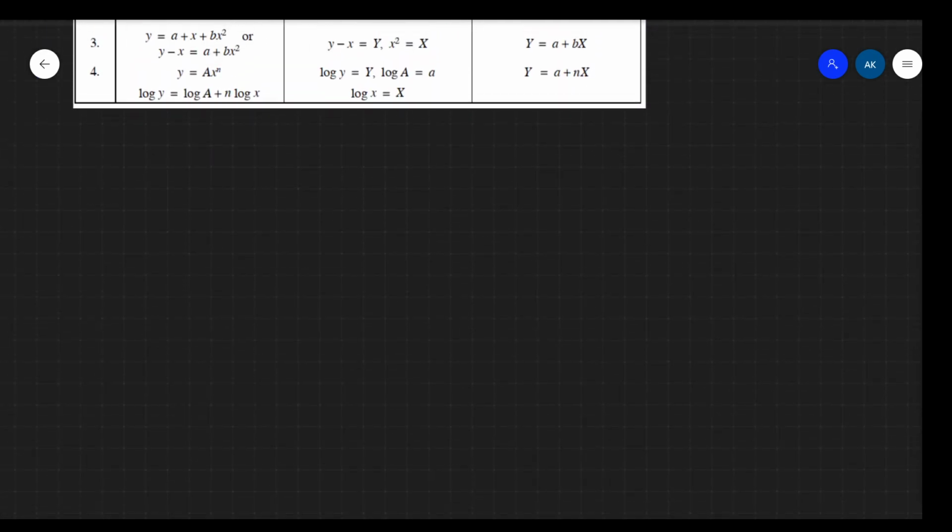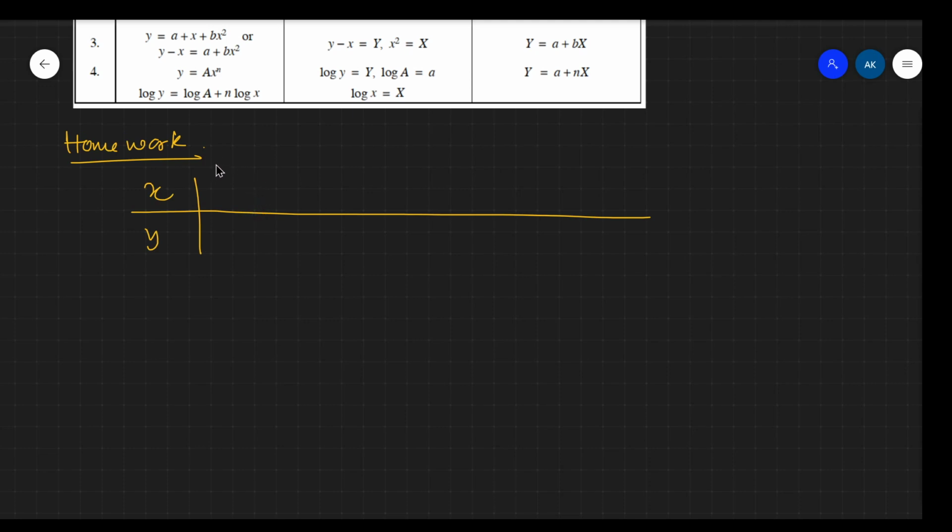Let me give you this as homework. If x and y have some values, please try it yourself, it is not so difficult.